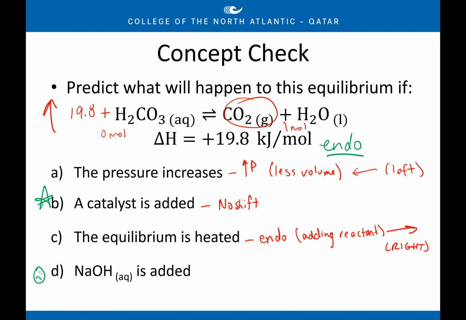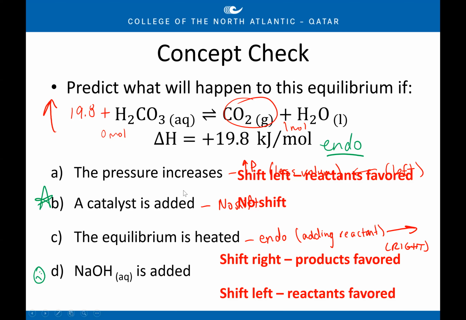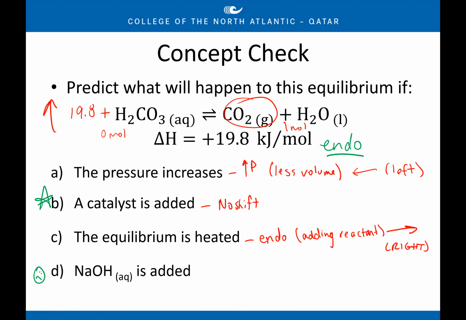NaOH is added. There's no NaOH in this equation at all. So what do we do? What do we do if there's no NaOH? Well, we're going to cover this now in unit 4.